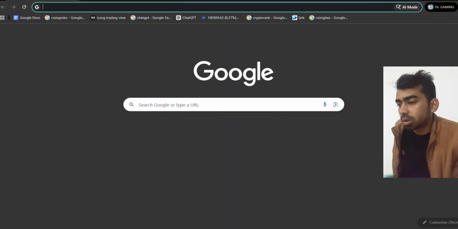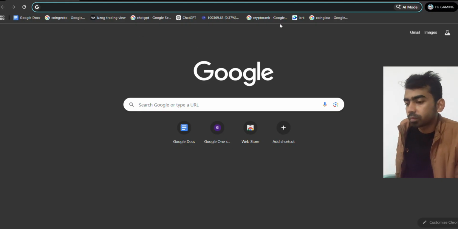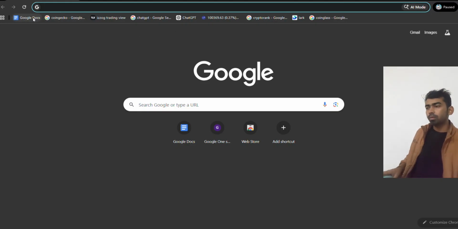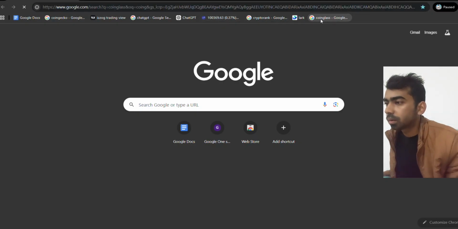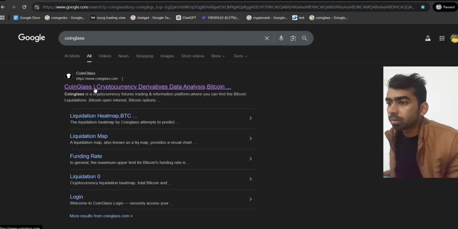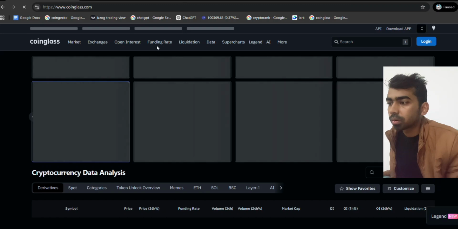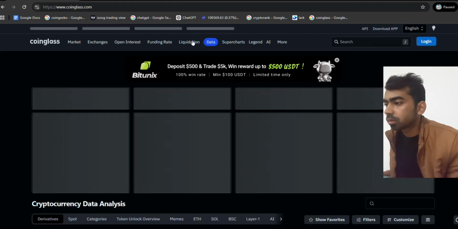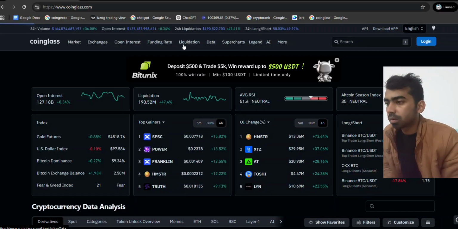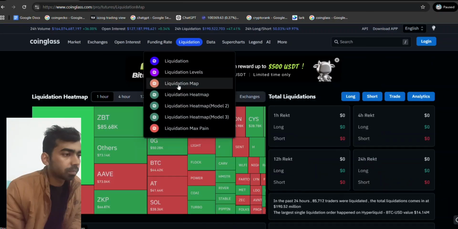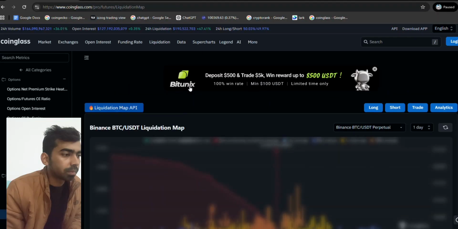Now I'm going to show you one thing, which is how you can check liquidity in the market. Now, CoinGlass, and then Liquidity Map.